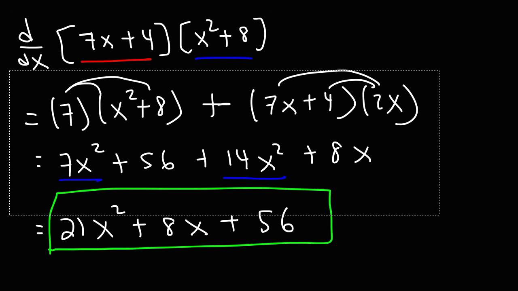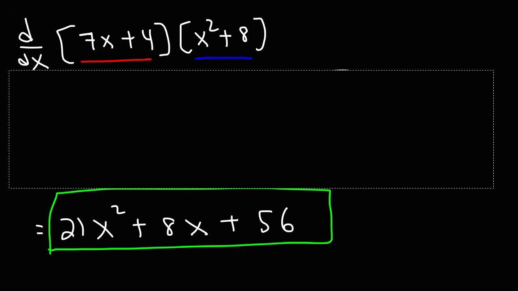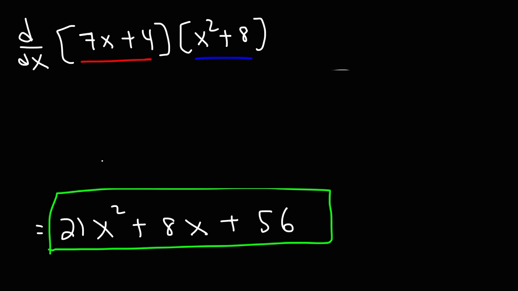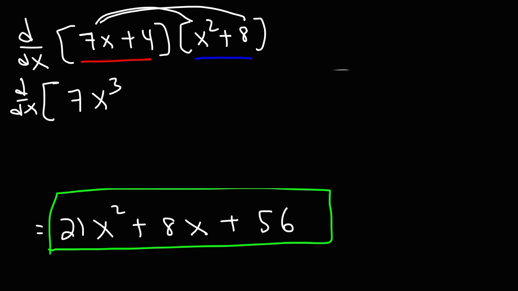Now note the other way in which we can get the answer. We could have initially distributed before we take the derivative. 7x times x squared is 7x cubed. And then this is 7x times 8, which is 56x. This is 4x squared.